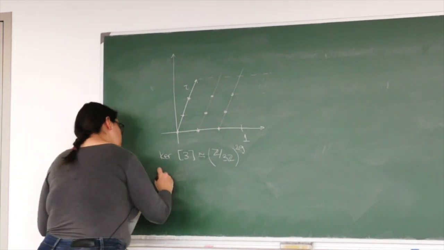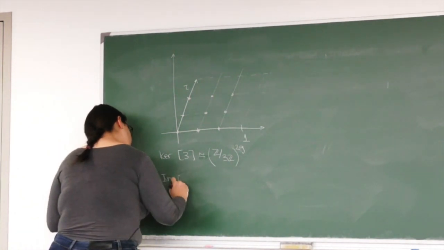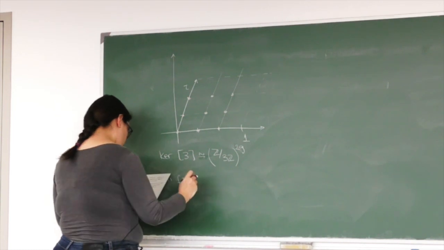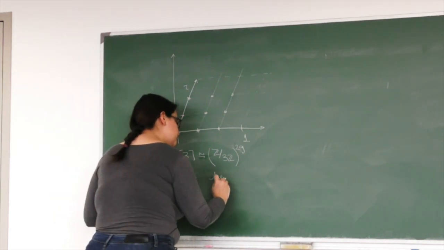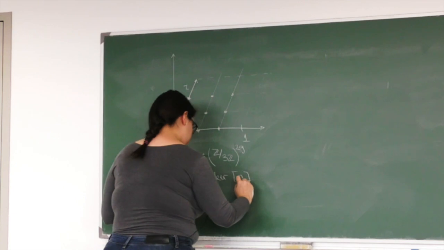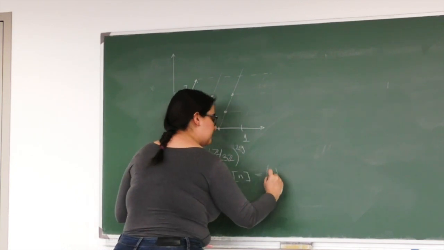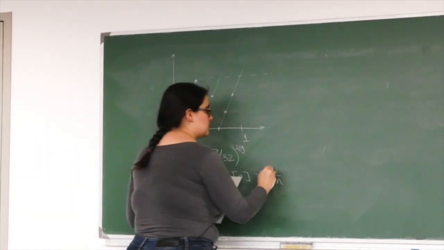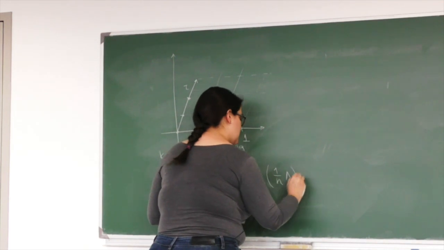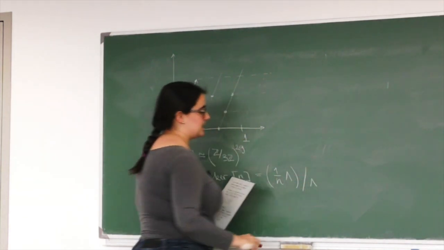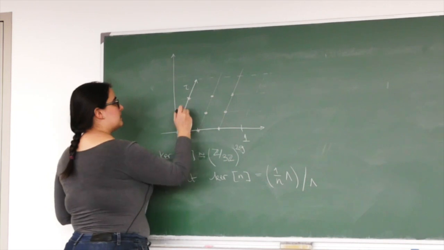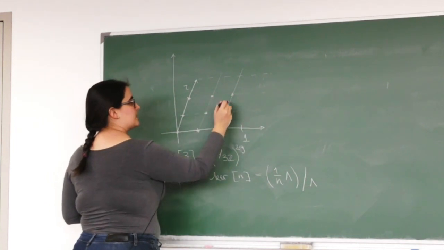In fact, we can write the kernel of n as the homothetic lattice 1 over n lambda quotient out by the original lattice lambda. And this quotient is exactly these 9 points that we have drawn here.